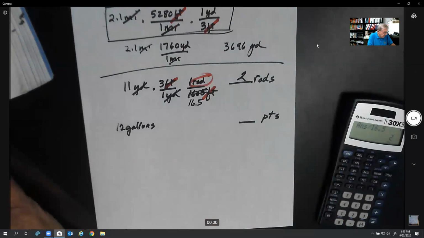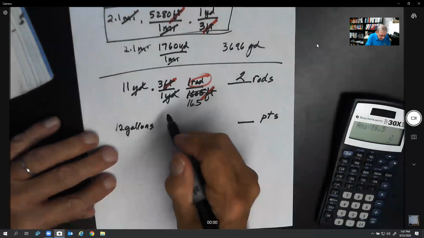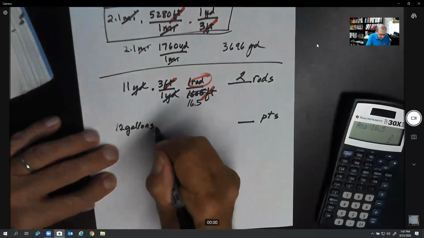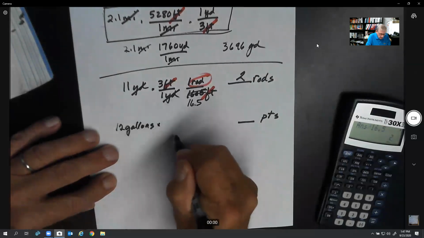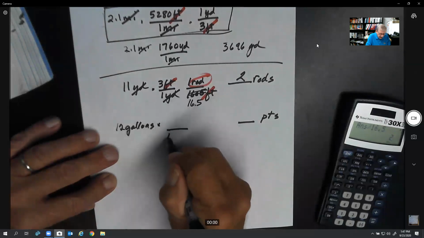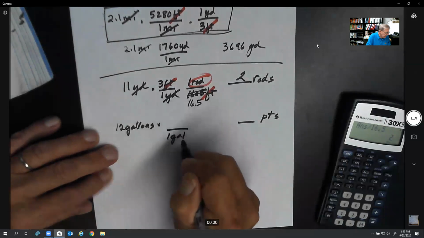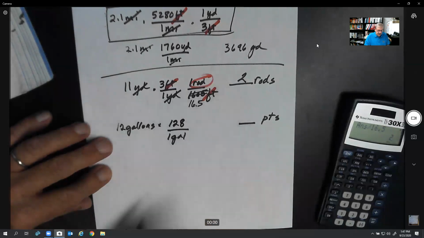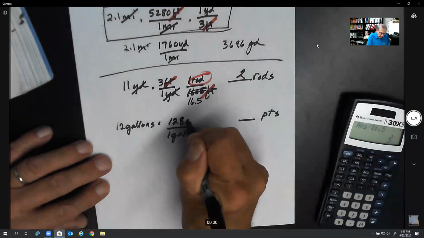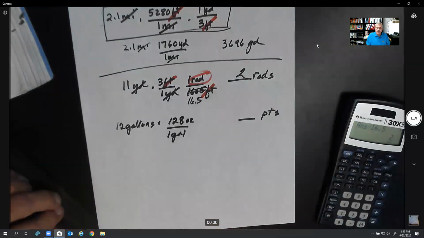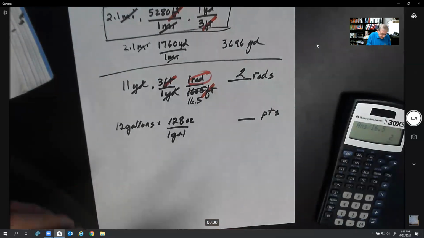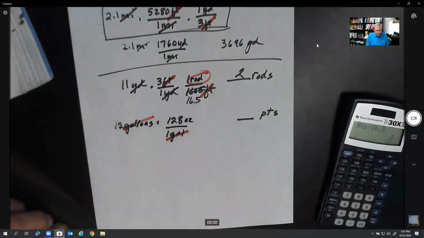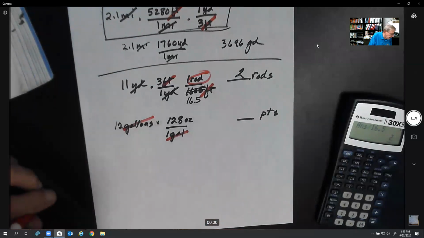So how are we going to do that? 128 ounces, 1 gallon. Where would that go, on the top or the bottom? Times. We'll put the gallon on the bottom and 128 fluid ounces on the top. Put down your OZ. See, now your gallons is going to cancel out, and we've changed this problem to ounces. Now we can change it to pints.